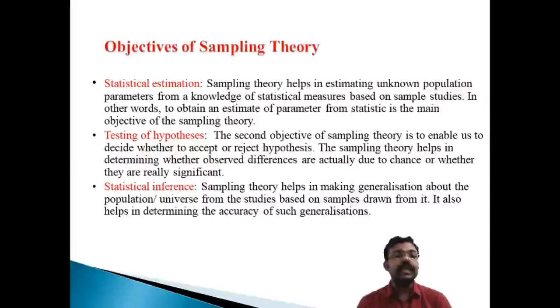You are collecting a lot of information through the questionnaire, and the questionnaire may depend upon your sampling. So the sampling theory helps in estimating the unknown population parameter from the knowledge of the statistical measure. That means sampling is always helpful for predicting the unknown population.